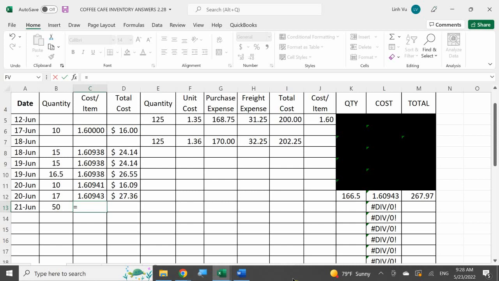Right now, I'm asking you what is the average cost right now. How much is it going to cost me per pound right now? What is my average cost per item as of right now?